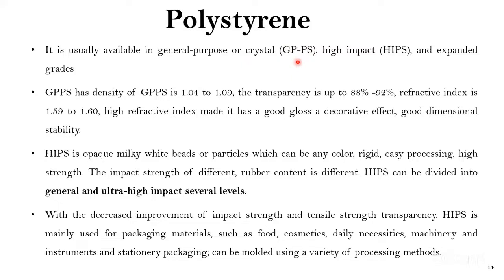According to the industry, people copolymerize this polystyrene or modify it according to their requirement, so different industries have different names. So this GPPS grade, the name suggests general purpose polystyrene, or HIPS means high impact polystyrene, and we have the expanded grade known as EPS, expanded polystyrene.